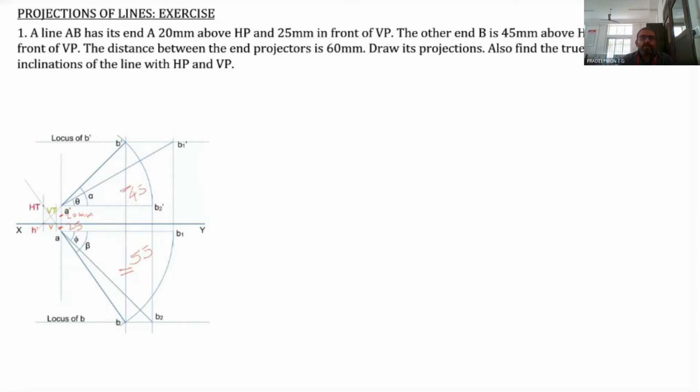And the last one is the distance between the end projectors is 60 millimeter. The end projectors are the projectors through A as well as B. So that is A dash, the distance between this line as well as this line. That distance is 60.